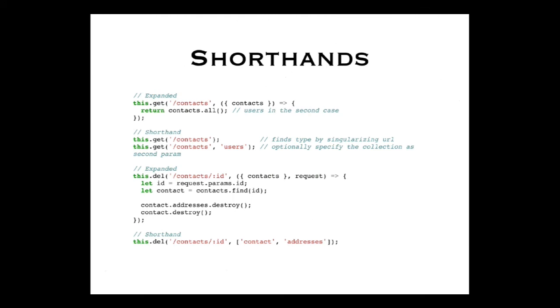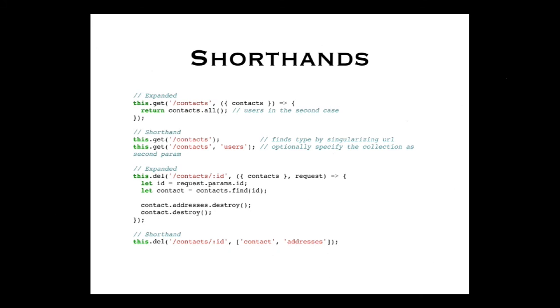And if the collection is different than the name of the route, you can pass it, and it will respond with the users. Same goes with the dynamic routes, when you want the one particular contact, and you want to destroy it. So here, you would have to write 4 lines just to do that in the normal way how it's defined in the config file.